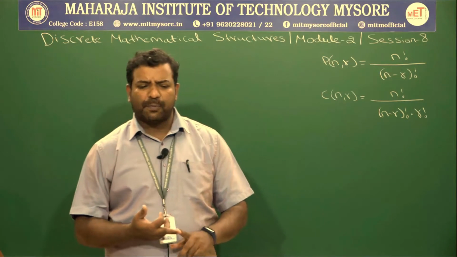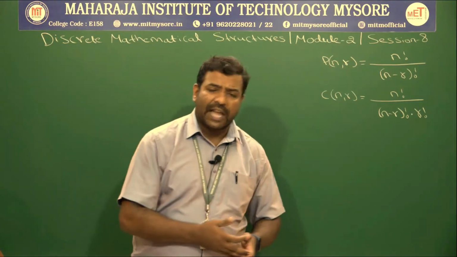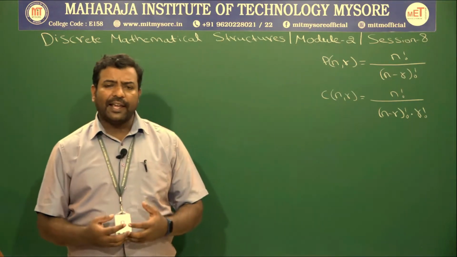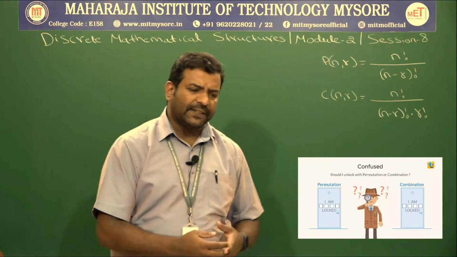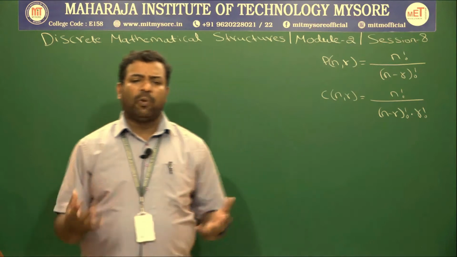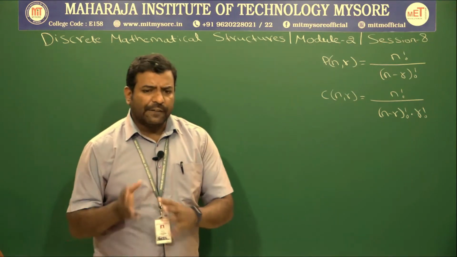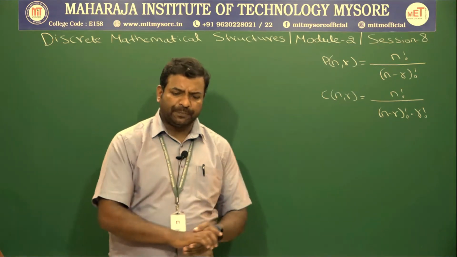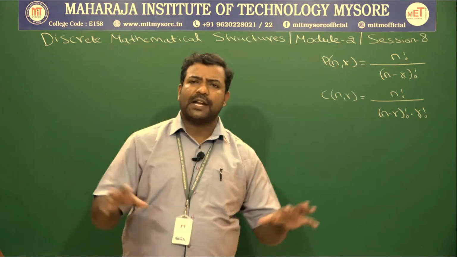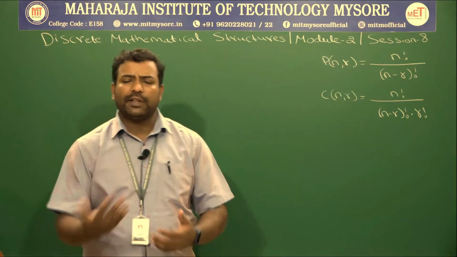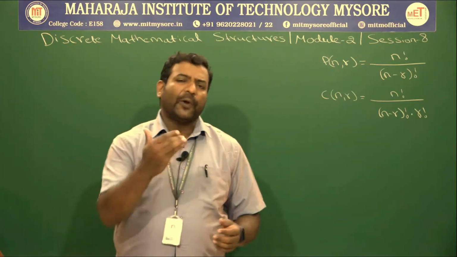The very first point was a scenario of cracking a locker with a 4-digit code. The second thing is what are the different cases with respect to combination. And along with that, I'm going to pick up some examples to make you more familiar with combination. So let me take one by one now.